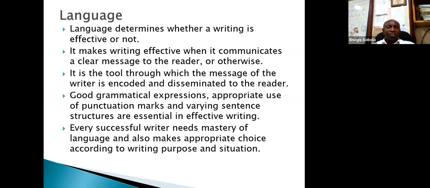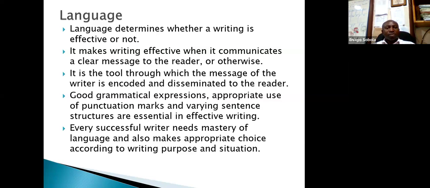We could say that language makes writing effective when it communicates a clear message to the reader. But if your writing does not communicate clearly to your reader, there will be a problem. There will be serious issue for you to contend with.